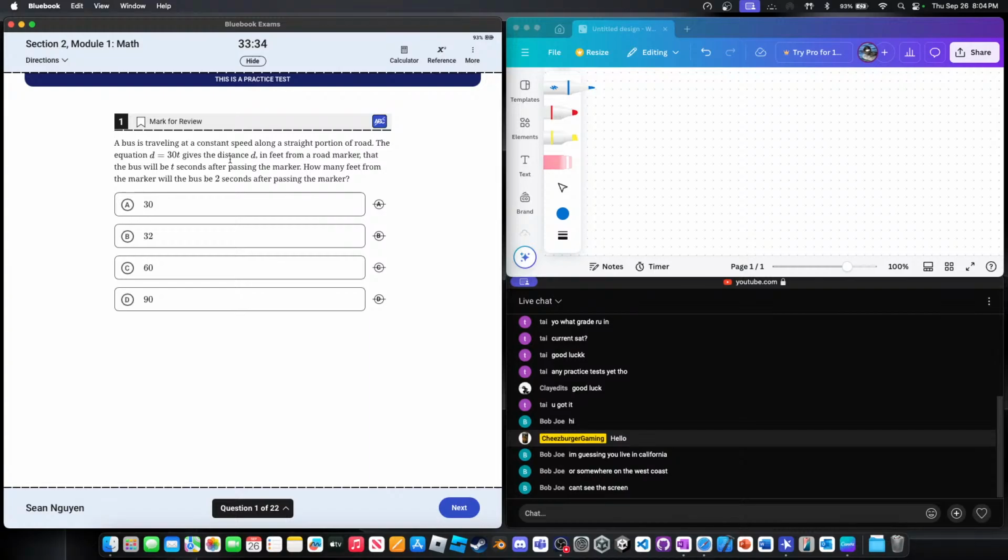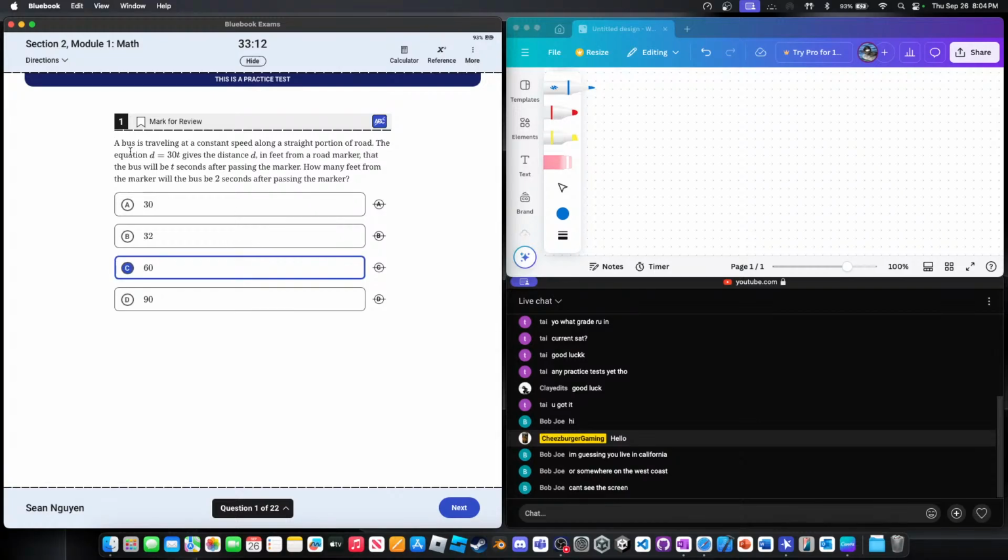Okay, so let's make sure that we understand this problem. The equation D is equal to 30T gives the distance D in feet from a road marker. The bus will be T seconds after passing the marker. Oh, so we just plug in 2, right?